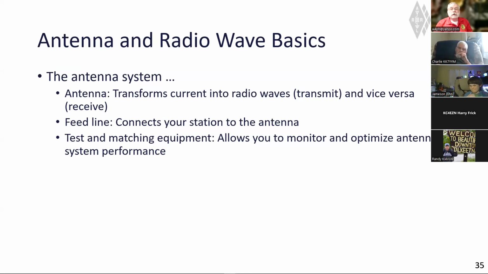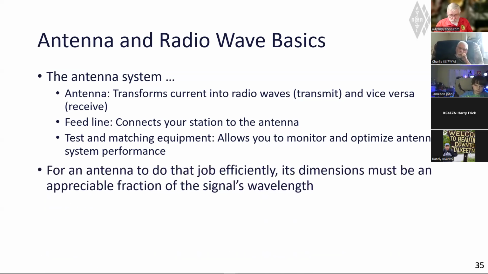Test and matching equipment allows you to monitor and optimize the antenna system performance. For an antenna to do that job efficiently, its dimensions must be an appreciable fraction of the signal's wavelength.